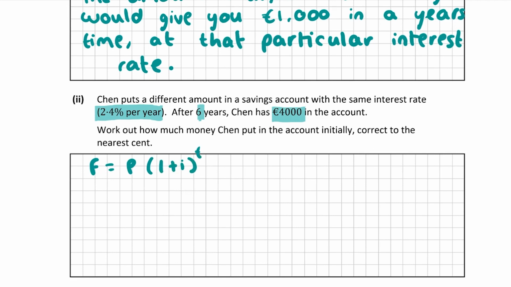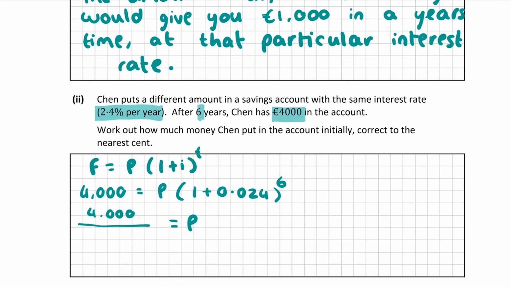So let's start filling it in. We know the final price is 4,000, which is equal to the principal, which we don't know, by 1.024 to the power of t, which is 6 years. So P is going to be equal to 4,000 divided by 1.024 to the power of 6.